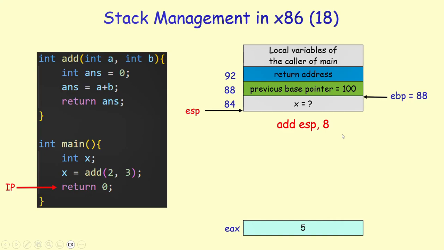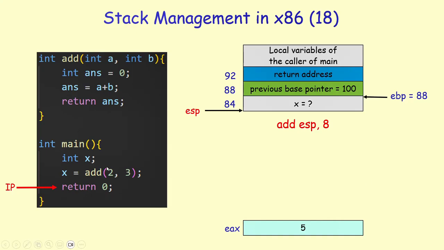I'm going to leave it as an exercise to you to think about, as food for thought: why you would choose one calling convention over the other? There are trade-offs, as you can imagine. C chose the first calling convention, where it's the caller that removes the arguments. And Pascal, for example, chose the second one, where it's the callee, the add function, that would have removed the arguments from the stack.